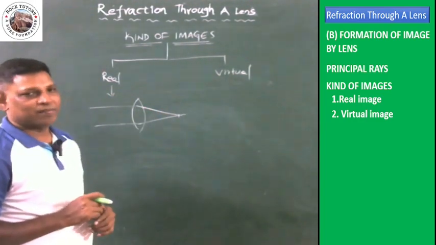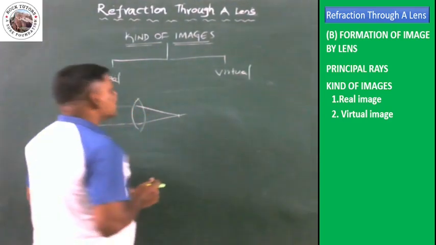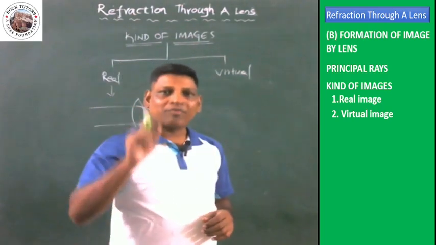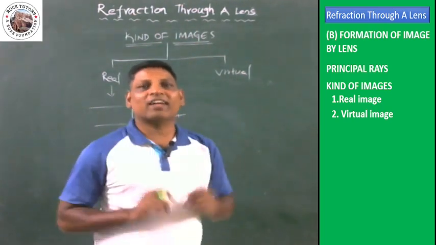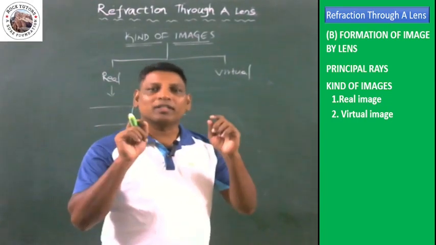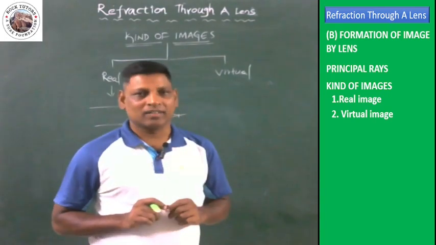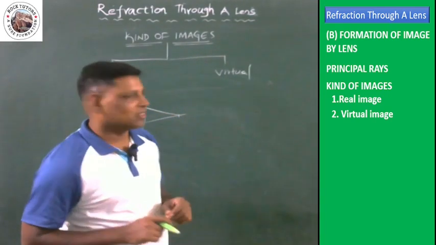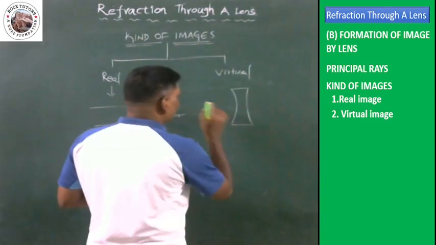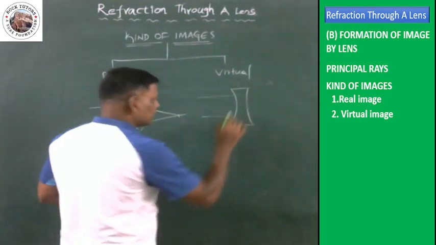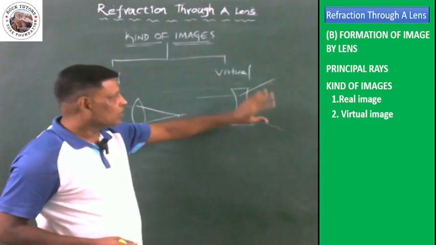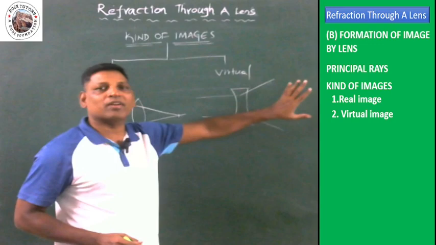Now virtual image means the image forms where the refracted rays are not really meeting. For example, for concave lens, these rays after refraction are diverging, so they will never meet.